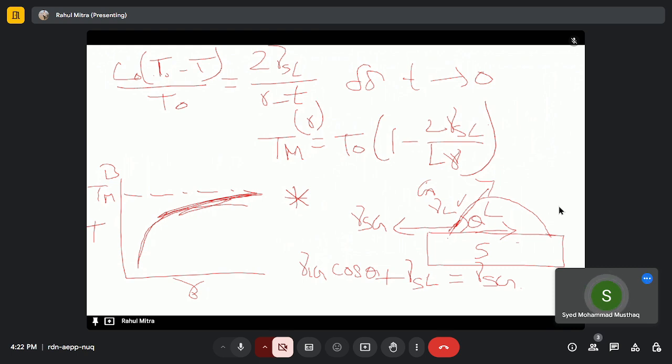Now the wetting property depends upon these three functions: gamma Lg, the surface free energy between the liquid and gas; the surface energy between solid and liquid; and the surface energy between solid and gas.